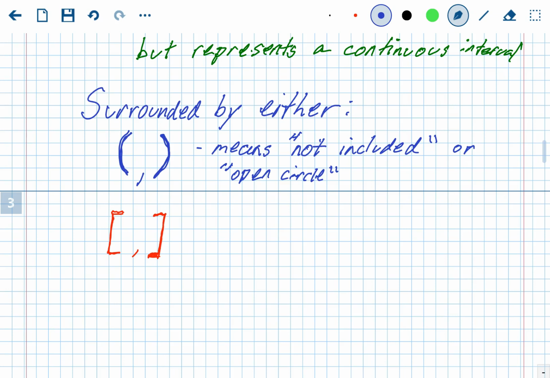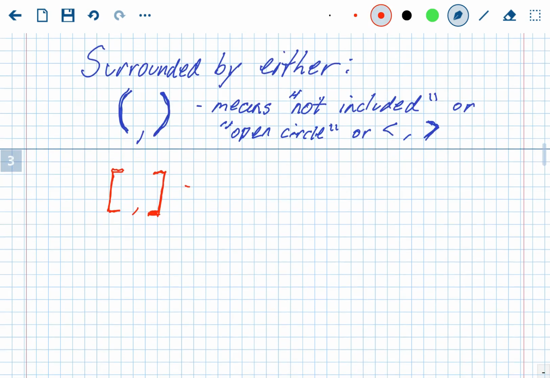When do we use the open circle? For an inequality, we use the open circle whenever there's a greater than or a less than. So in any of those scenarios, you're going to use a parenthesis. If the number is not included, if there's an open circle, if there's less than or greater than. Okay, the opposite is true for the brackets. The bracket means that endpoint is included.